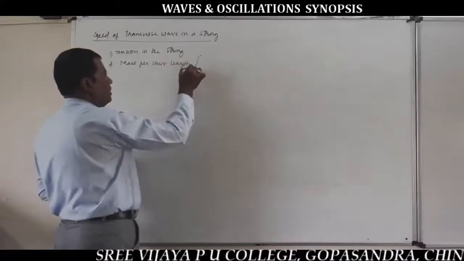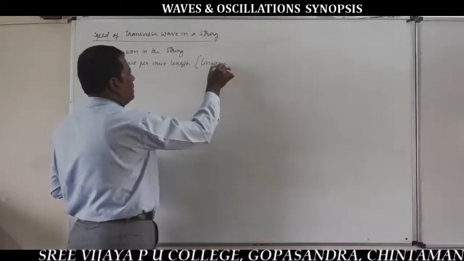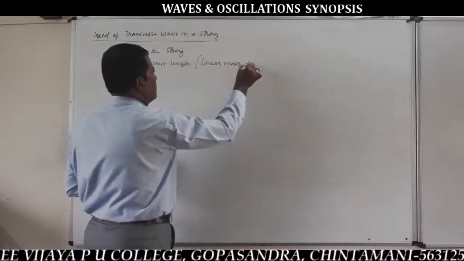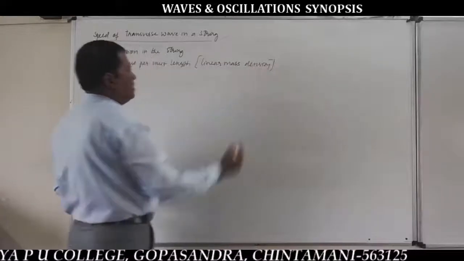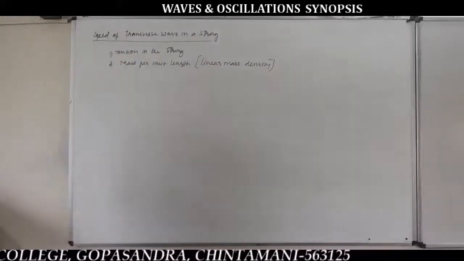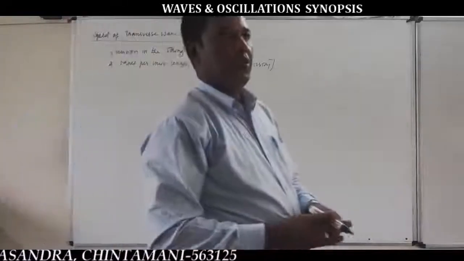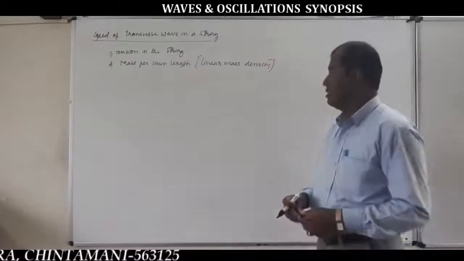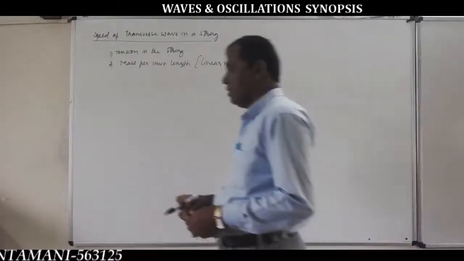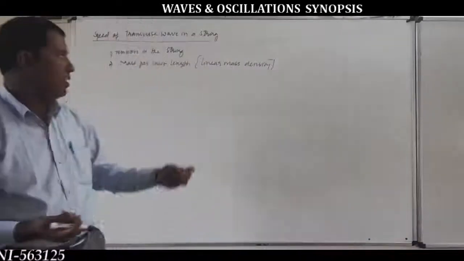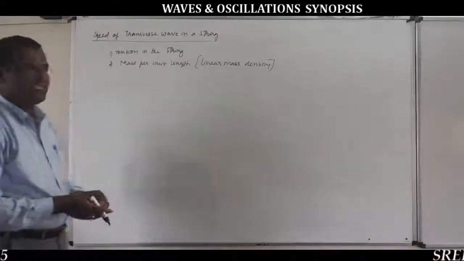So this is called linear mass density. So the two physical quantities which determine the speed of a transverse wave in a string, one is the tension in the string, and the second physical quantity is mass per unit length, or it is called as linear mass density.